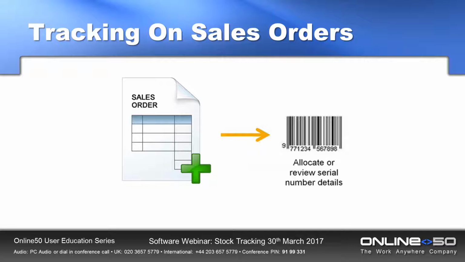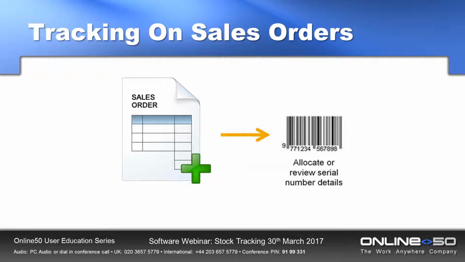Unlike release documents that issue products from stock, serial and batch information is always optional on sales orders because sales orders do not have any effect on stock levels, only creating a commitment. If you would like this commitment to capture information about a specific serialized item or specify a batch to be sold, then you can do so in the sales order.